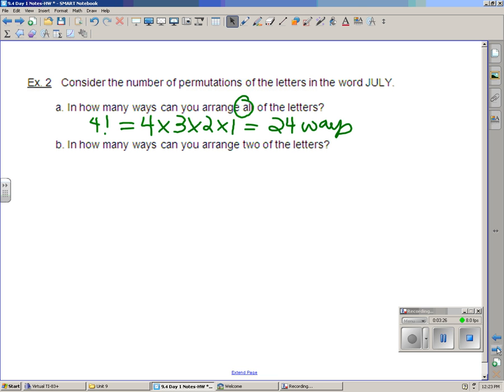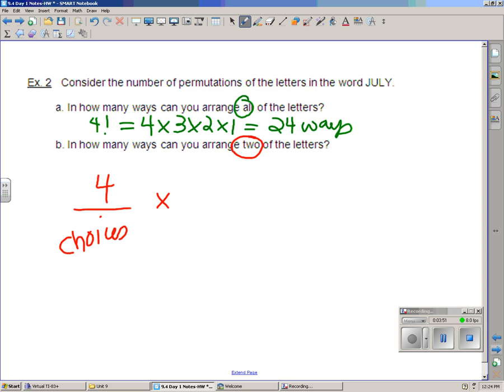Well, if we change this permutation and we only want 2 of those 4 letters, then what we need to do is just deal with the first 2 sets of choices. It's not a factorial. I've got 4 choices of letters for my first letter.